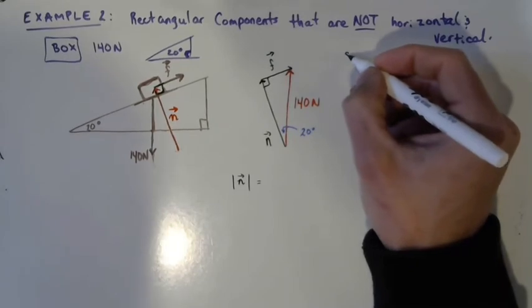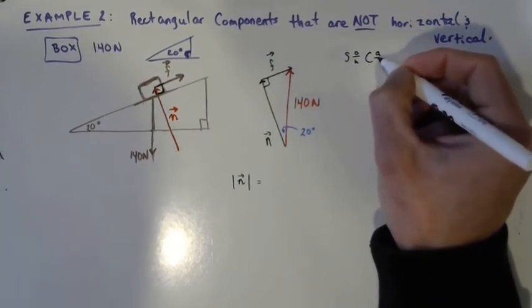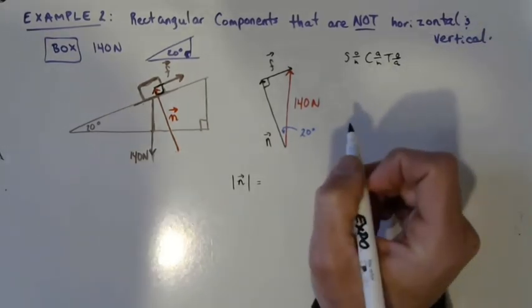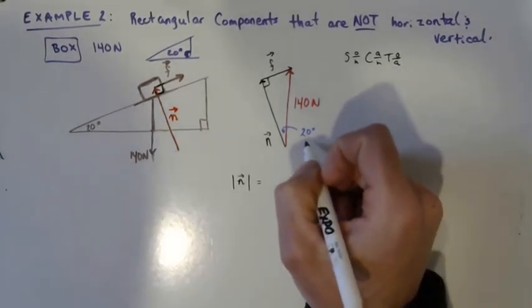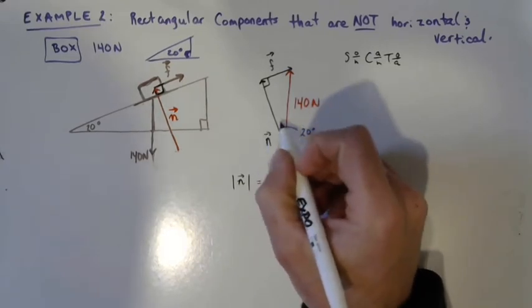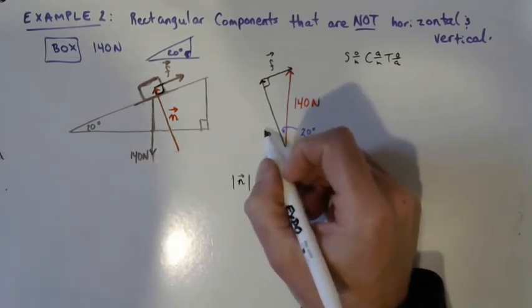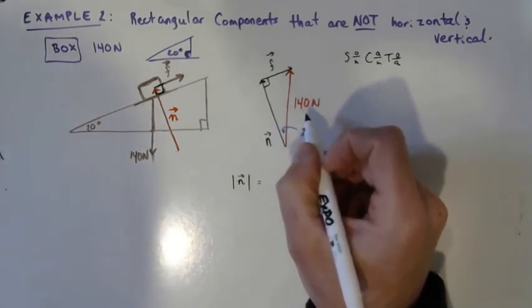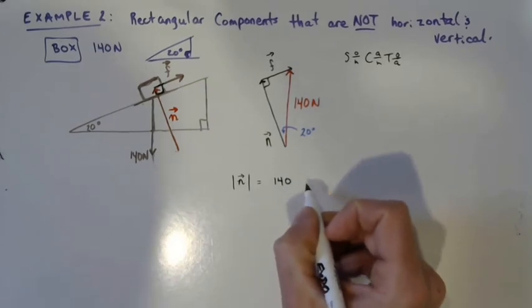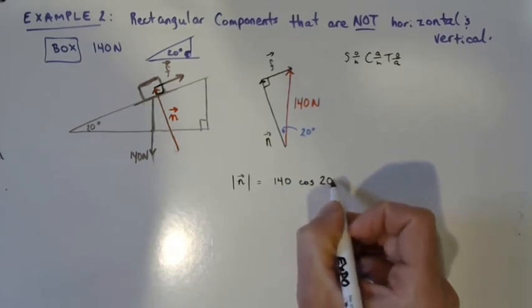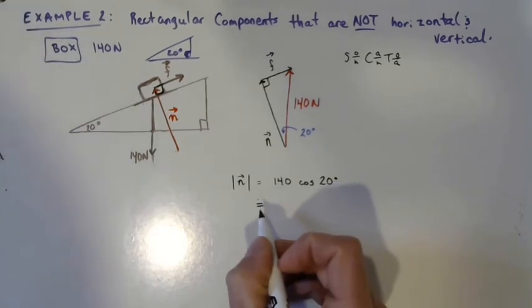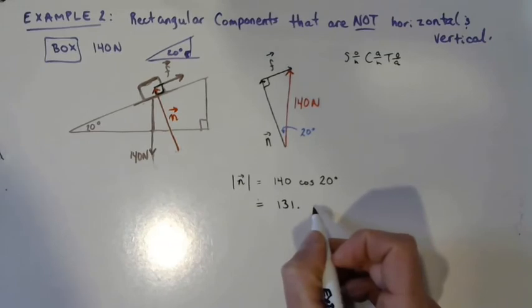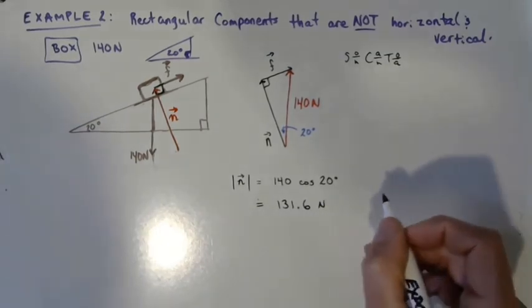So if we have Sohcahtoa, may as well write it on the top of every page. And we have the cosine of 20 degrees is adjacent over hypotenuse. So then adjacent is the hypotenuse times the cosine of 20 degrees. So we've got 140 times the cosine of 20 degrees, which is approximately 131.6 newtons.